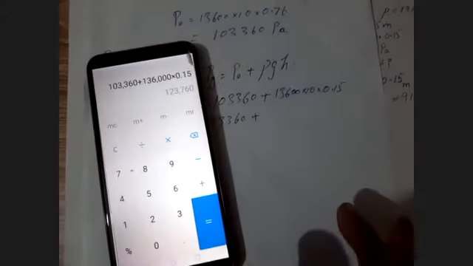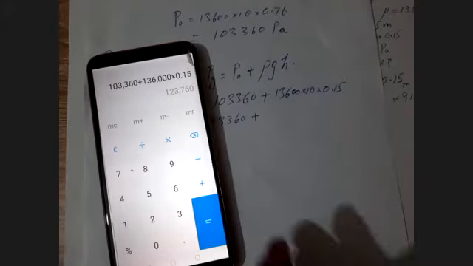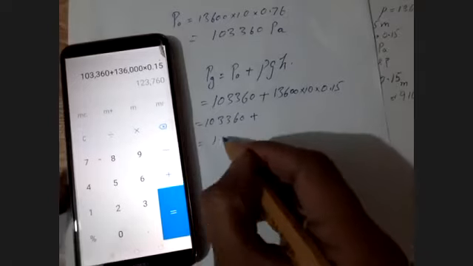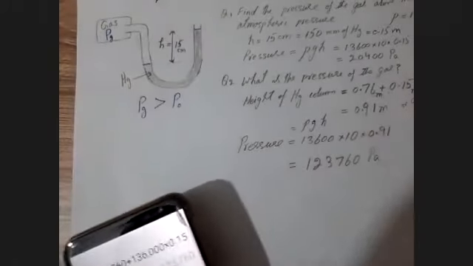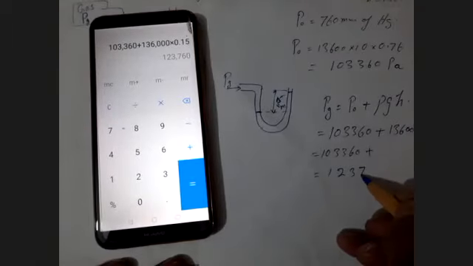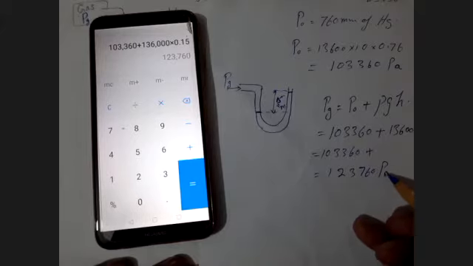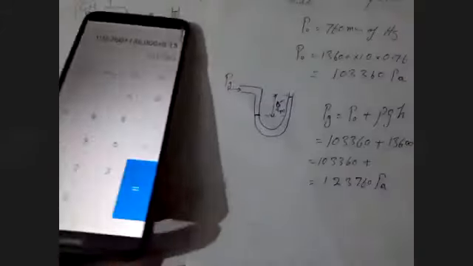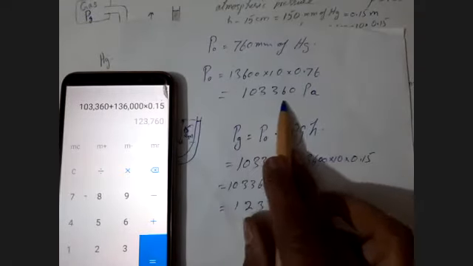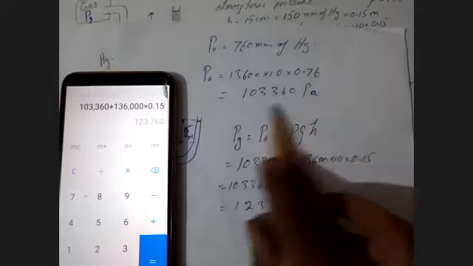After doing the calculations, what we are getting is 123,760 Pascals.